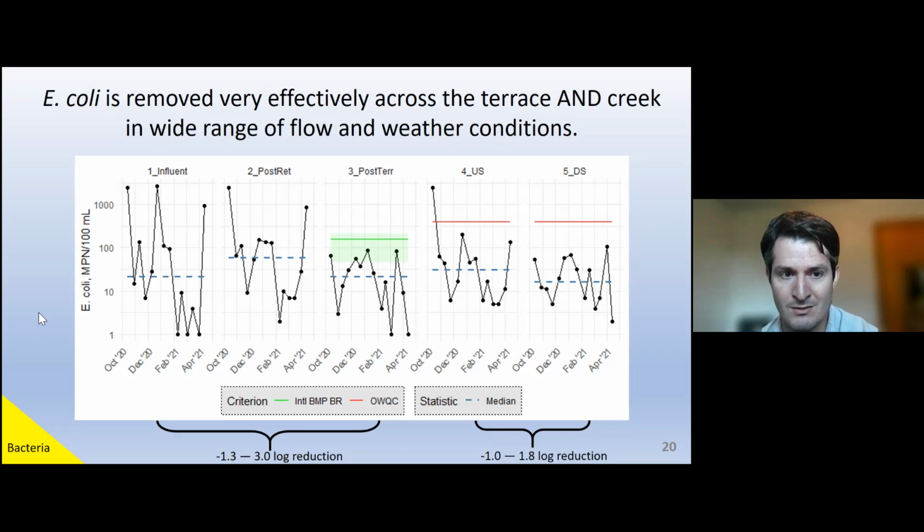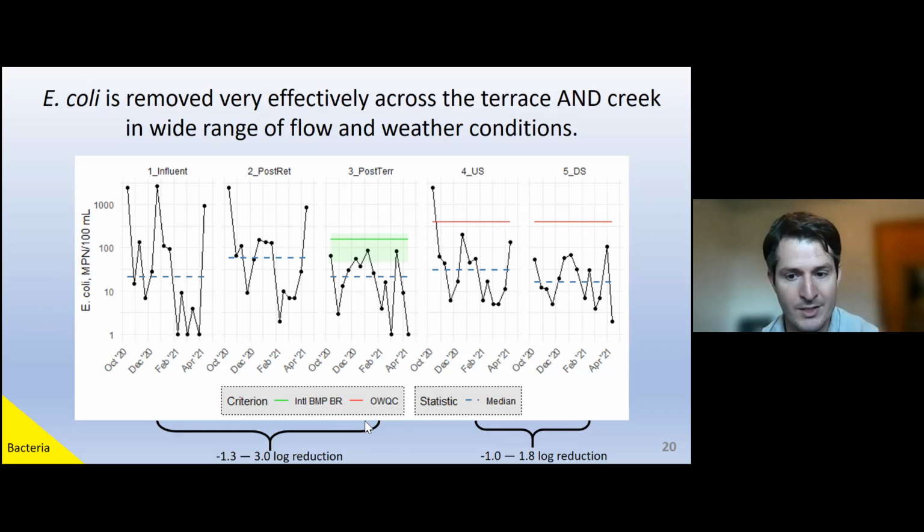But as you notice on this log scale, the Y is on a log scale for E. coli, there are wildly variable E. coli results in the influent, and then we saw a lot less variable, generally lower results.